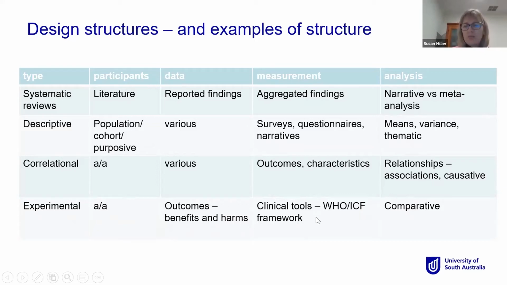And our measurement is used classically using clinical tools, and I'll talk a little bit more about this later, but a good paradigm, particularly in neurorehabilitation, is to use the ICF framework, looking at, from a pathology, impairment, activity and participation level, but also looking at personal and environmental factors. And in this instance, of course, the analysis is comparative, that we're comparing the results across groups in terms of the impact of our intervention.